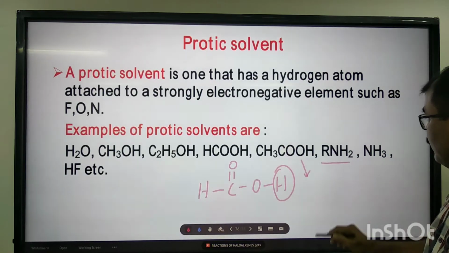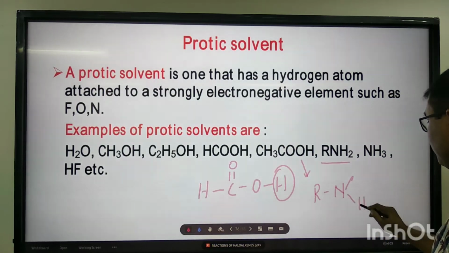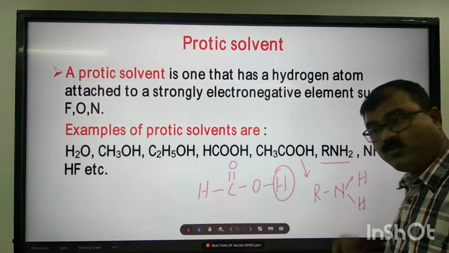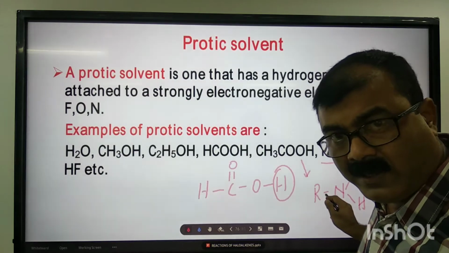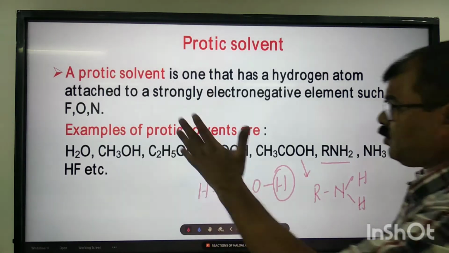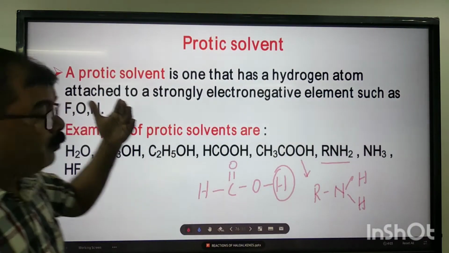Then amine, RNH2. In amine, these hydrogens are attached to electronegative nitrogen. Similarly, ammonia. So these are all protic solvents.